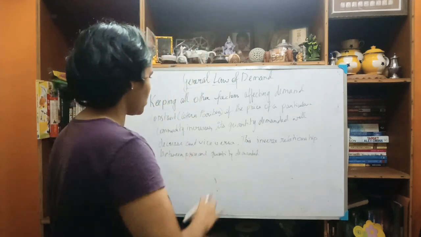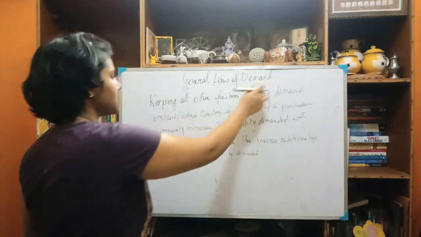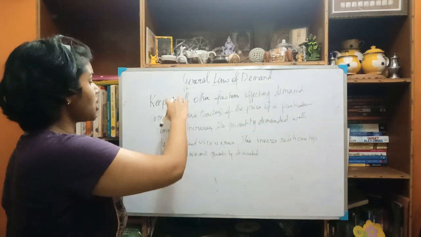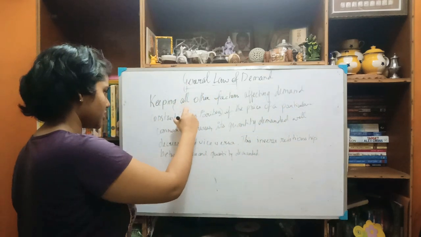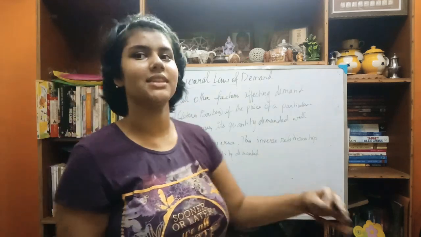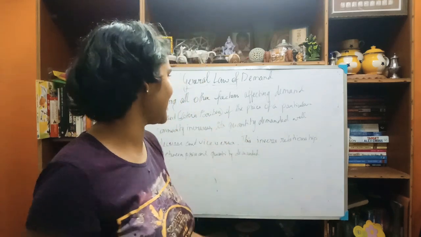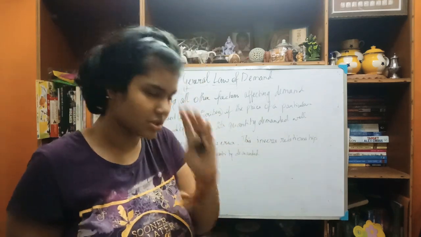So basically, this whole statement, keeping all other factors affecting demand constant, is equal to ceteris paribus. But we always write the full statement and in brackets write ceteris paribus. Only writing ceteris paribus won't do.